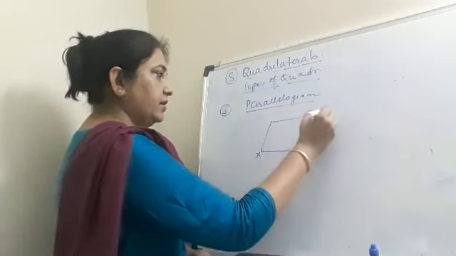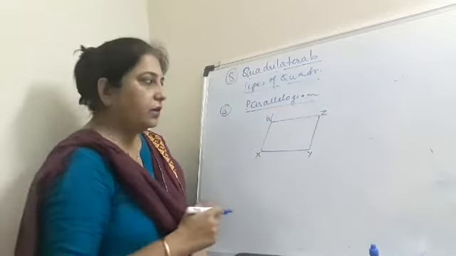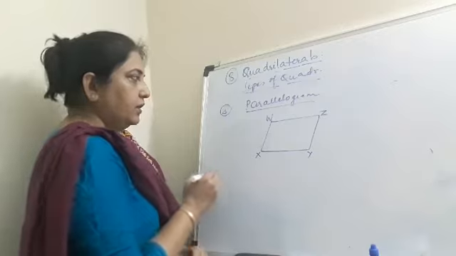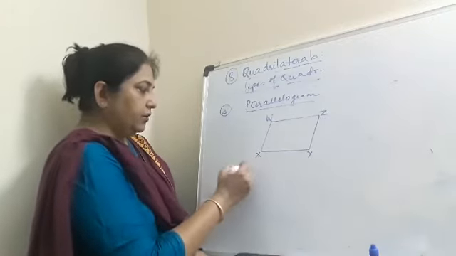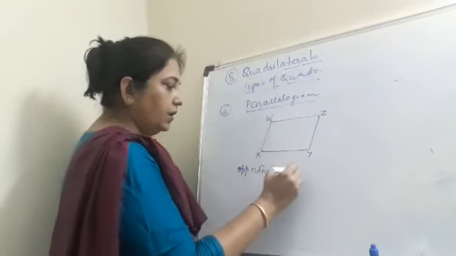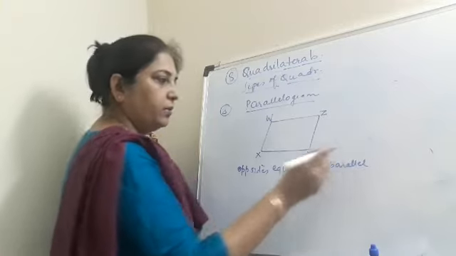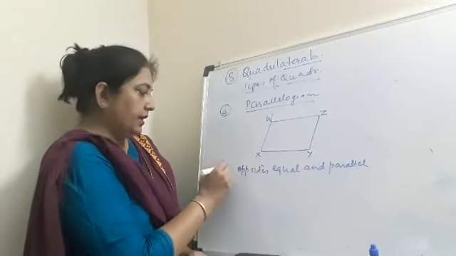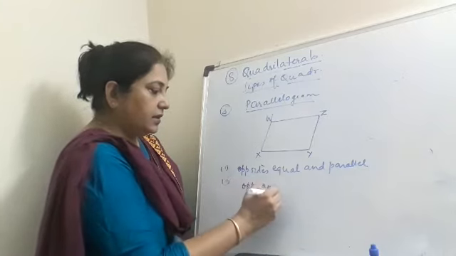X, Y, Z, W. This is a parallelogram. Now, why is it a parallelogram? Because you know that a parallelogram is a quadrilateral with opposite sides equal and parallel. Maximum properties you will find in this. Then number 2, opposite angles are equal.